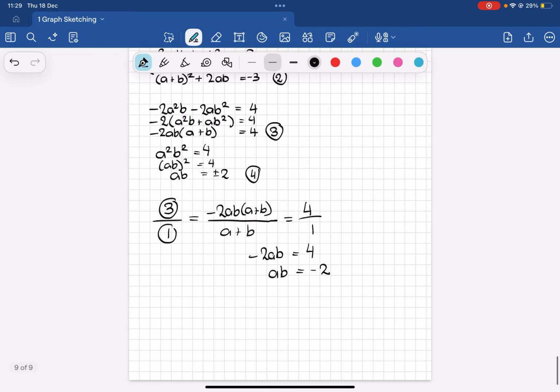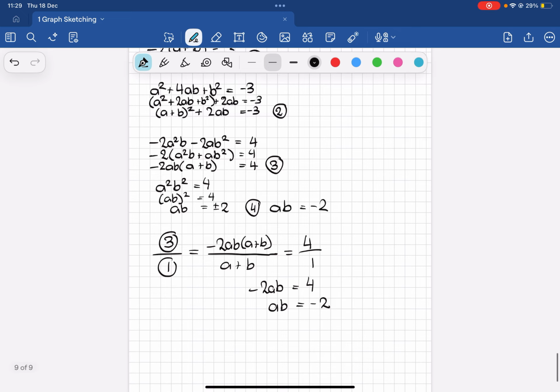Then here we can just write next to equation 4, ab equals minus 2. Now where does that help us elsewhere?